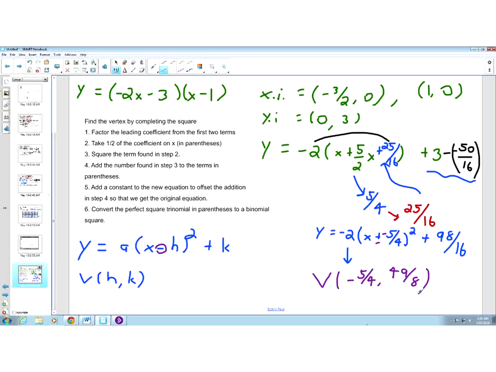We're ready to sketch it. Okay, so we can just bring in our calculator. All right, so next page, we'll go ahead and sketch the graph of this.